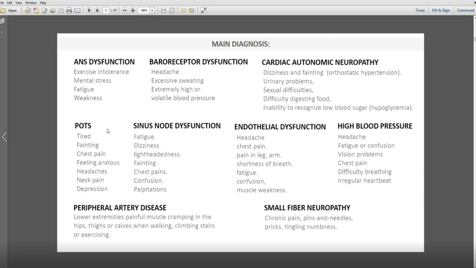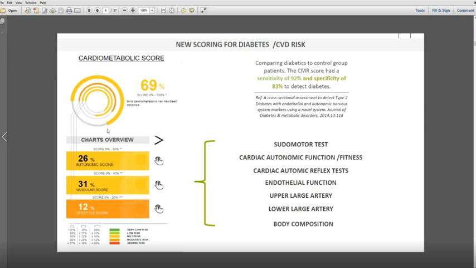Okay, and you see the symptoms. Sinus node dysfunction, endothelial dysfunction, hypertension or high blood pressure, peripheral artery disease, as well as small fiber neuropathy. So those are the diagnostics that are provided with the system, that we are testing for with the system.